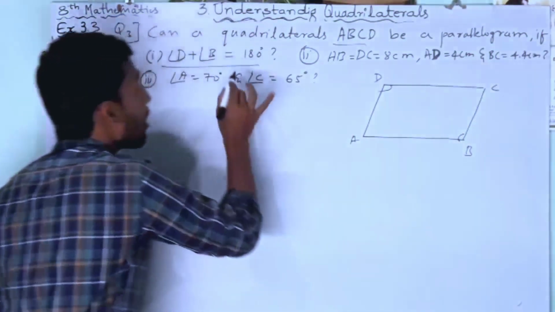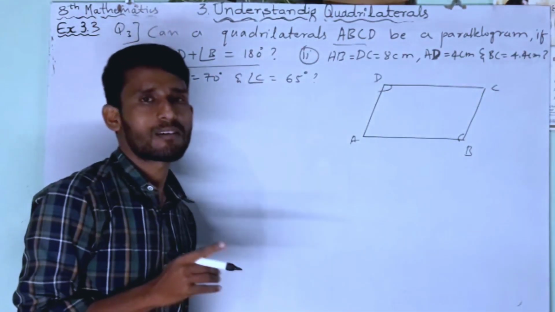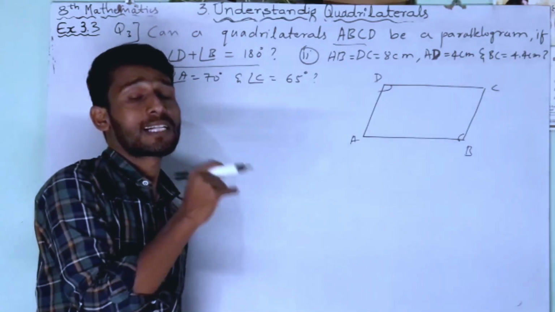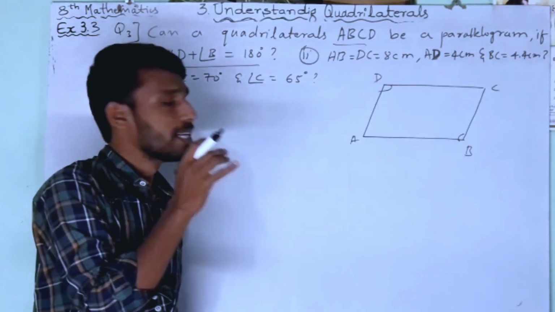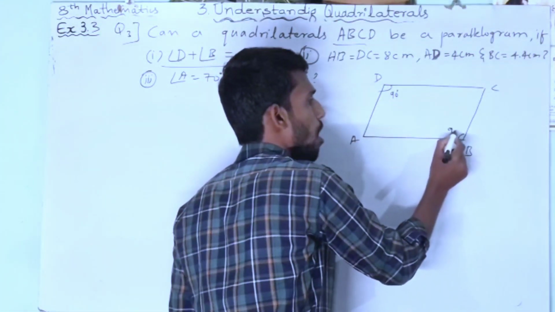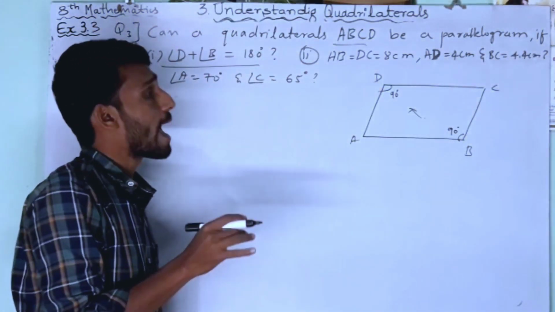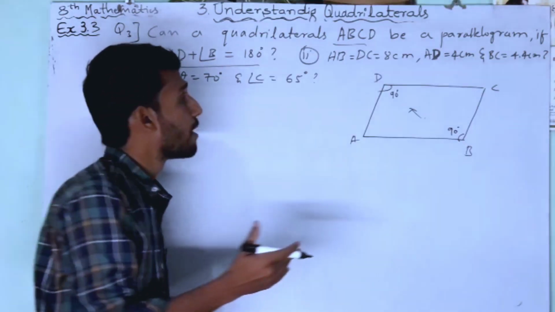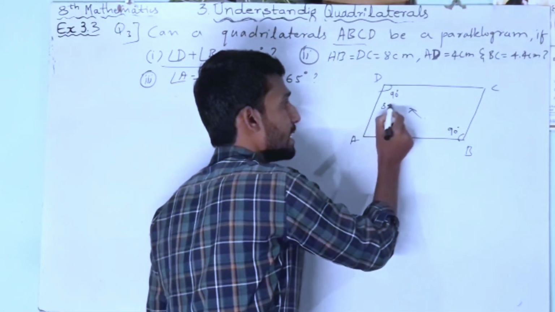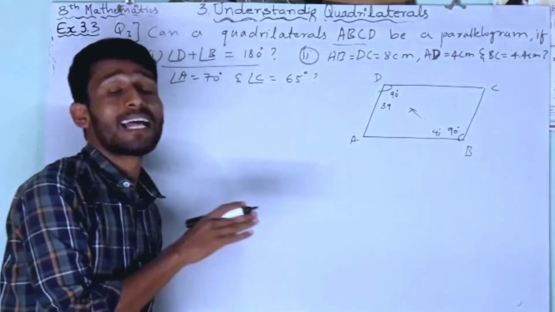If 180 degree, we know the property of a parallelogram: the opposite angles of a parallelogram are always equal. Dear student, if this is 90 degree, meaning the two opposite angles are 90 degree, this is possible as a parallelogram. If this is not 90 degree, if this is 89 degree and this is 91 degree, that is not possible.